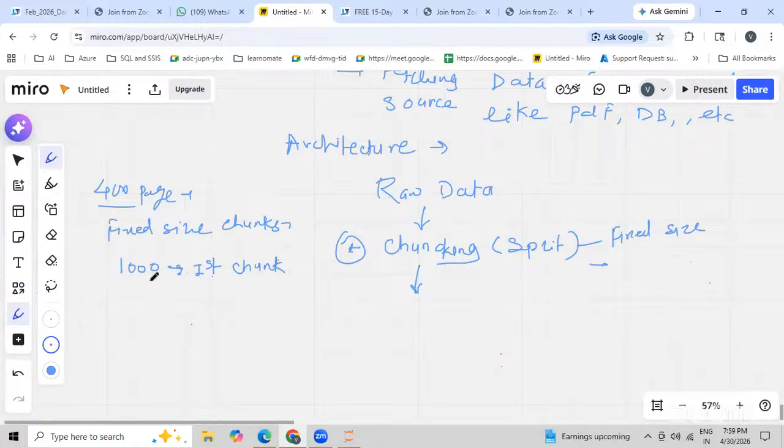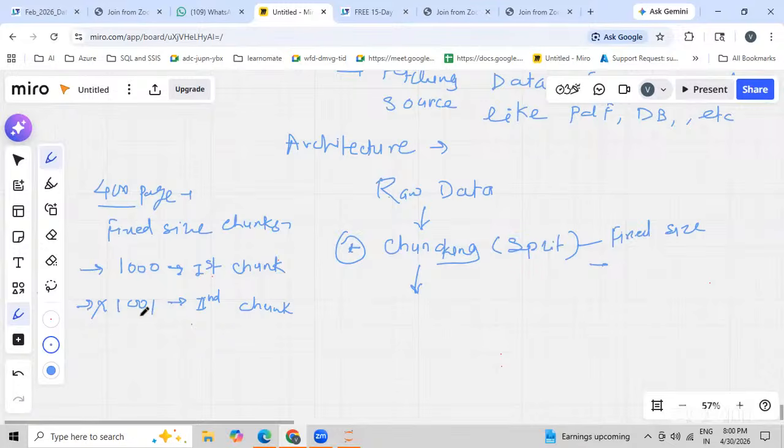is of 1000. Now my second chunk will not start from 1001. If I start from there, then suppose between 1000 and 1001 there is some information in this 1000 and some information in 1001.